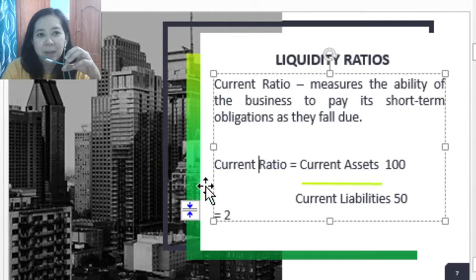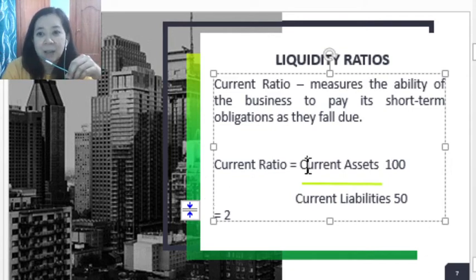Sometimes, but normally for the current ratio, cash is also part of the current assets, by the way. Basically, the cash item is not included if we are preparing for cash flow.